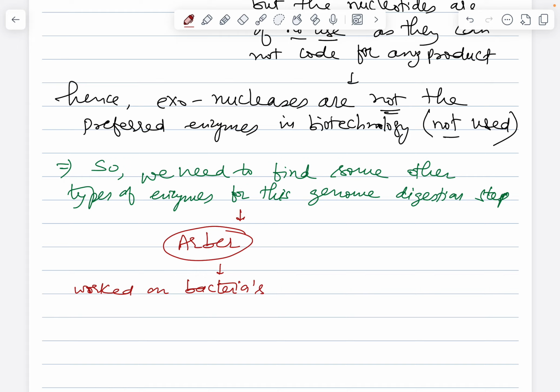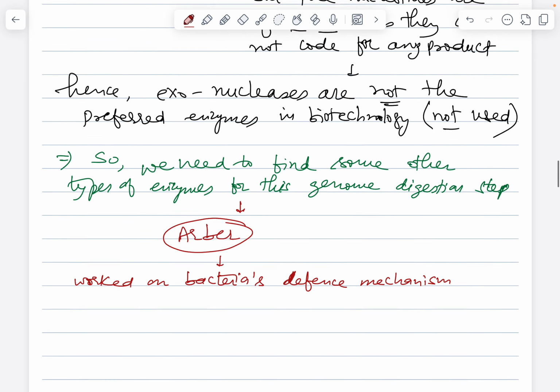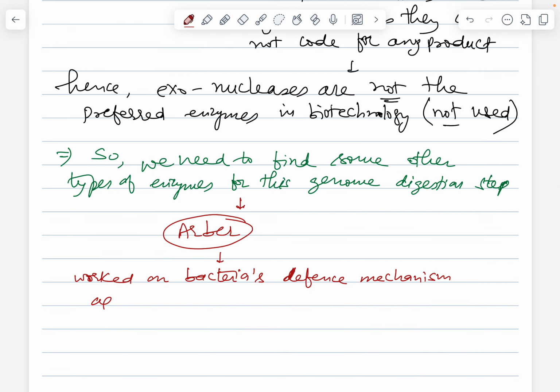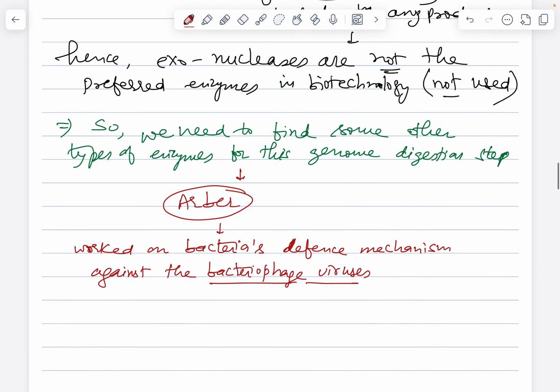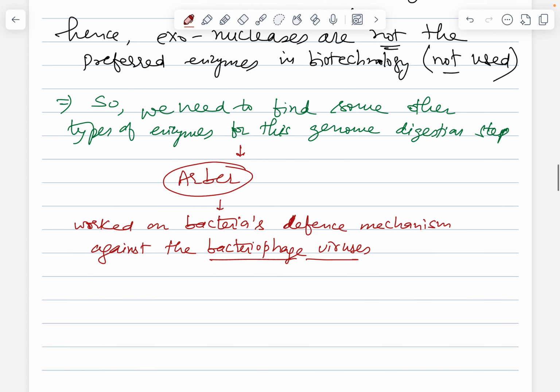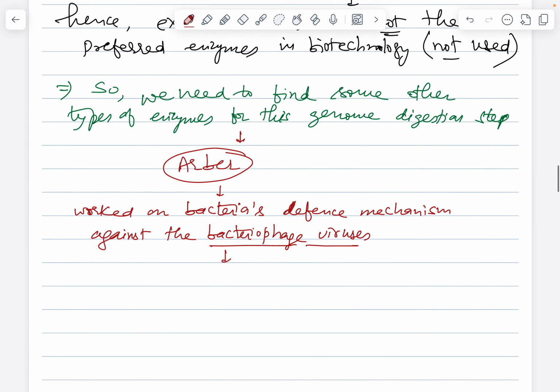Arber worked on bacteria's defense mechanism against the bacteriophage viruses. You know bacteriophage viruses, the viruses that infect the bacteria. He was studying the defense mechanism of bacteria against the bacteriophage viruses, and he noticed something interesting.